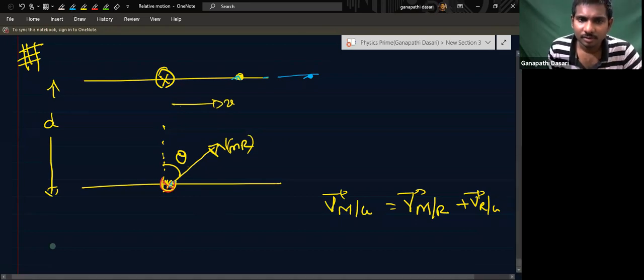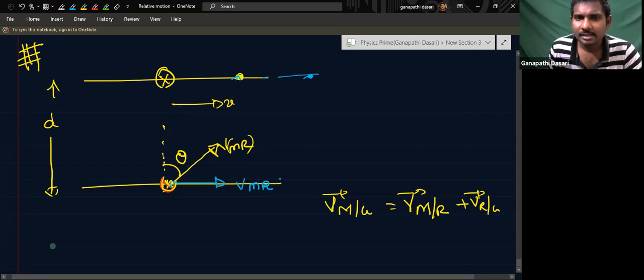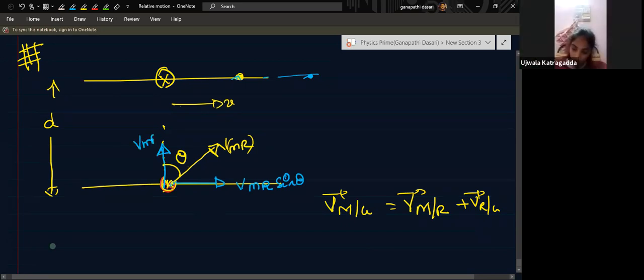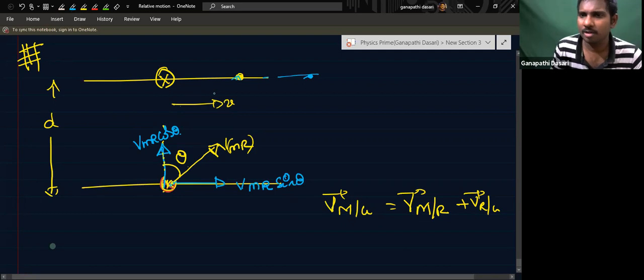One becomes VMR sin theta, and in the other it becomes VMR cos theta. You just practice at home and then solve the problems. Many kinds of problems can be solved with whatever I am teaching.